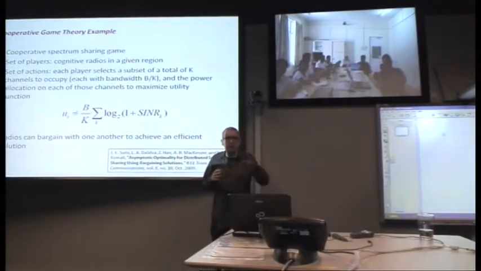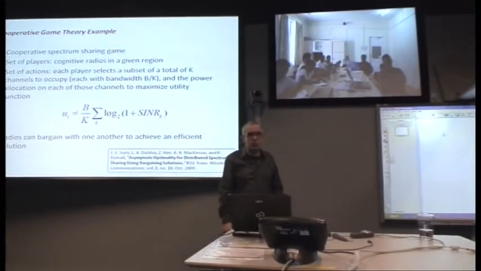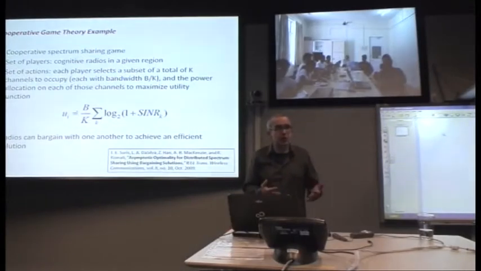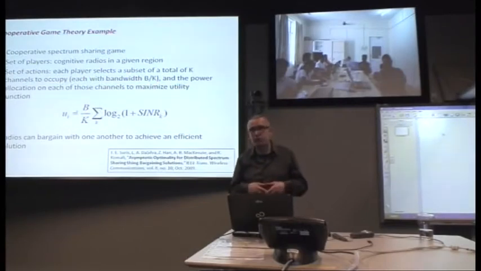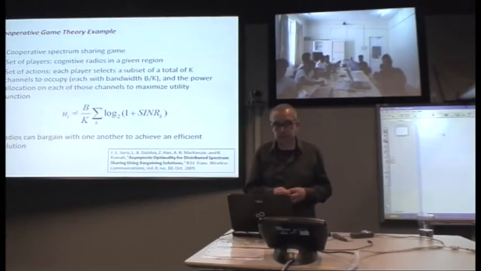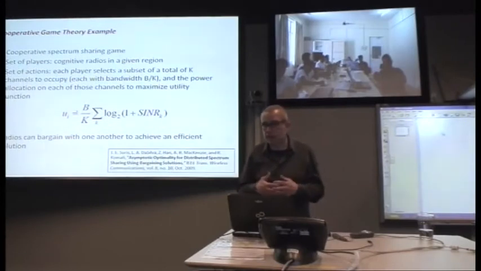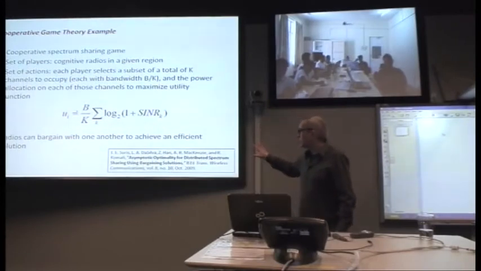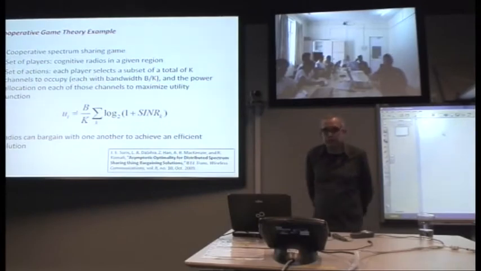There are different ways. Nash studied some cooperative game theory, but others also did, and they have different solutions to this problem, what are called bargaining solutions. There's something called the Nash bargaining solution. There's something called the Kalai-Smorodinsky bargaining solution, etc. So we looked at this problem from a cooperative game theory point of view.